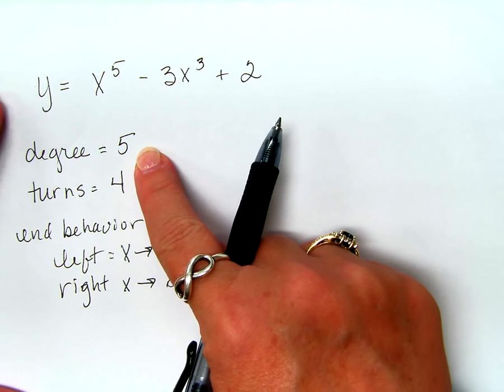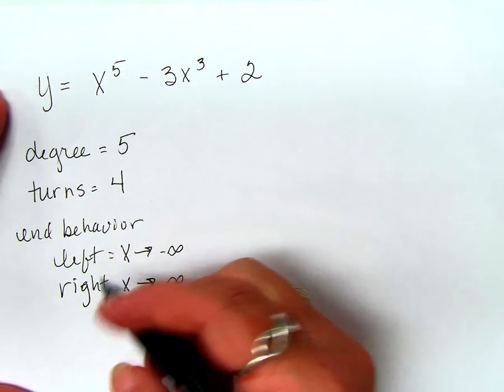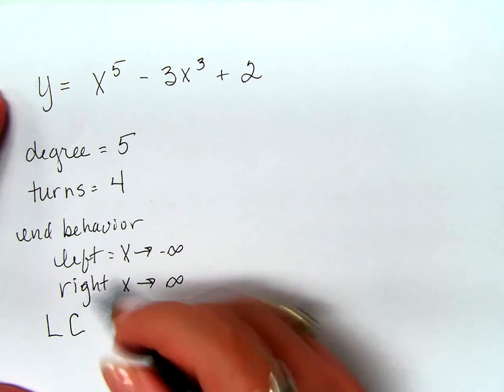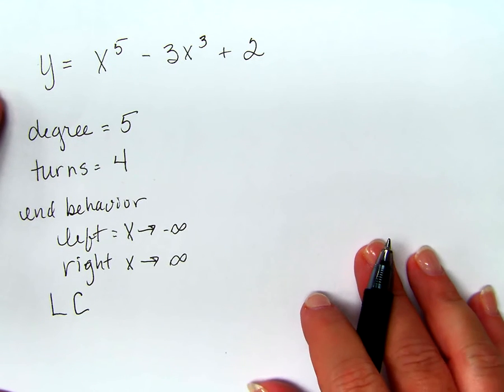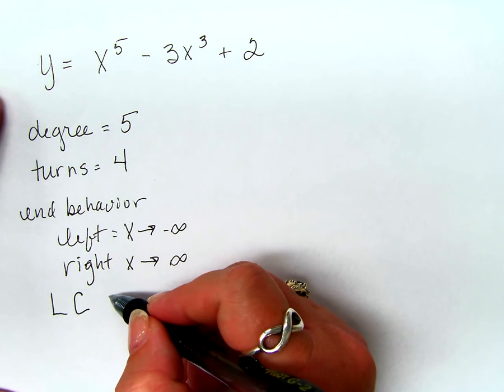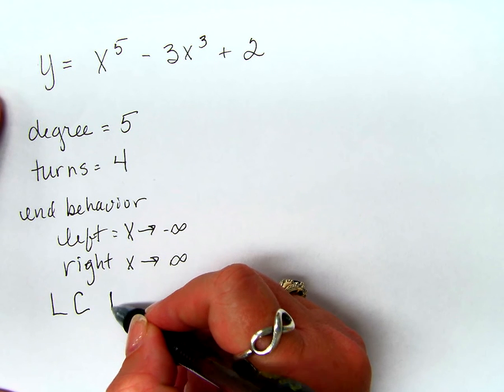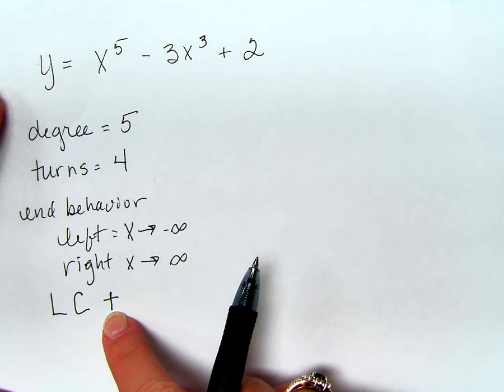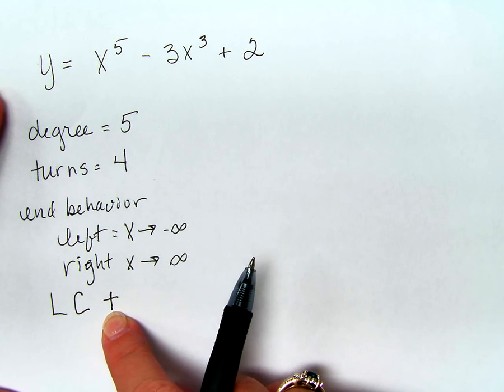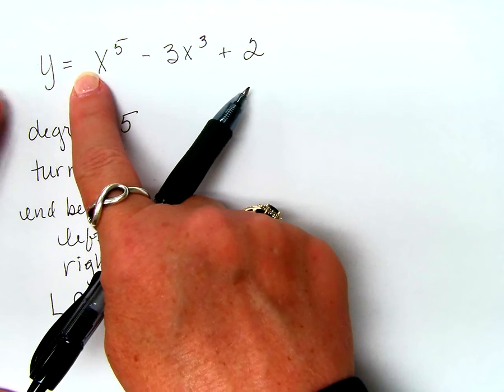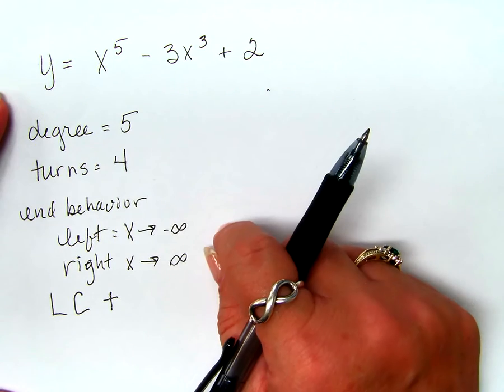Well, the degree, well, let's see, what's the leading coefficient? Can we just write, abbreviate it LC? Are you okay with that? My LC is what? Positive. What is the leading coefficient, by the way? 1. It's the first coefficient because these are in order, aren't they? Okay?